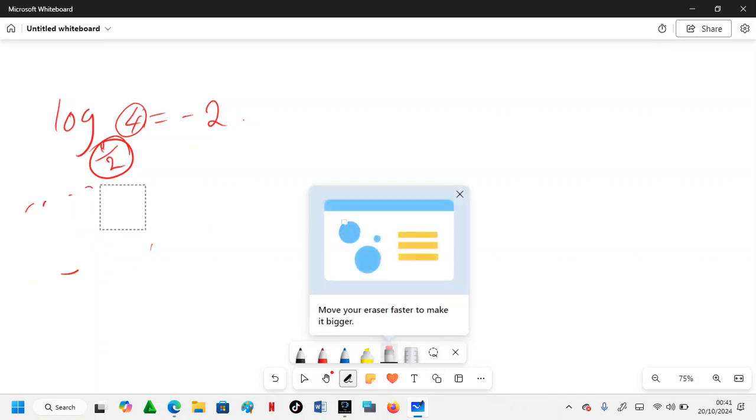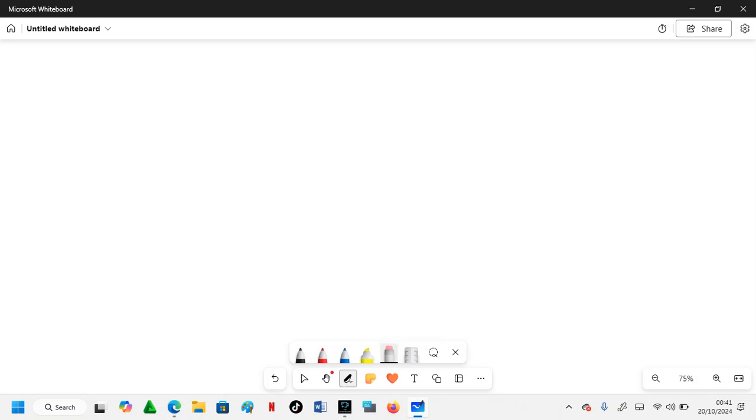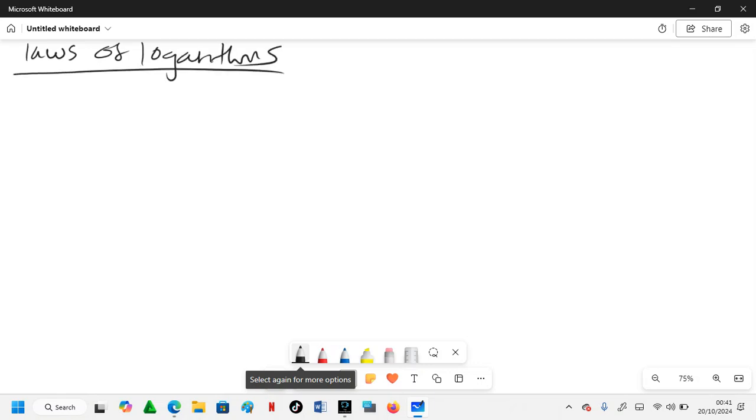Maybe we can also revise something on the laws of logarithms. This was also taught in Form 1. The first law of logarithms is the law for multiplication, and you have to remember that the laws for logarithms are kind of sisters to the laws for indices.